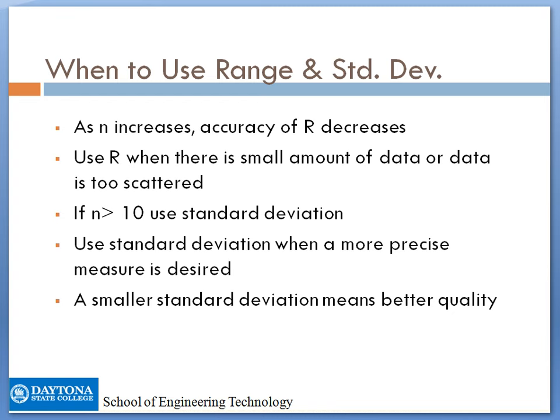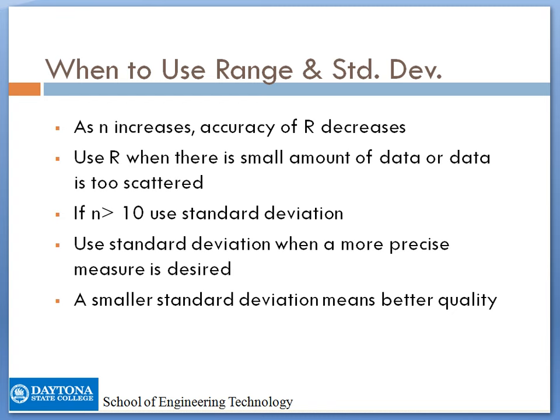The range is a very common measure of dispersion and is also used in one of the principal control charts that we're going to see later on. The primary advantages of the range are in providing a knowledge of the total spread of the data and in its simplicity.